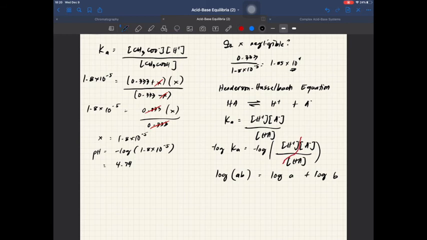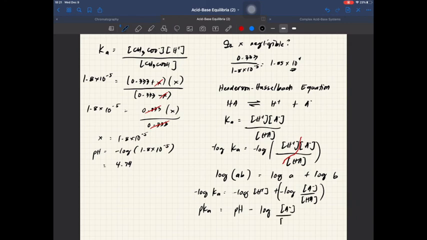So from these rules on logarithmic functions, we can divide this logarithmic expression here, and we get an expression that is equal to negative log of Ka is equal to negative log of H plus, minus log of A minus over HA. Take note that negative log is what we call P. So this one is pKa and this one is pH, and we have minus log of A minus over HA.